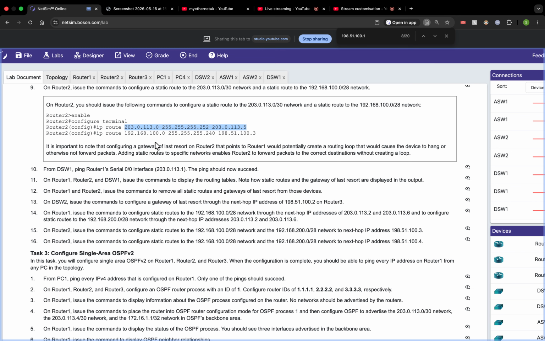And then for this one we can do 198.51.100.3, which is the VLAN 1 interface, the public IP address there. So that's how we can do it. Go back to router 2.